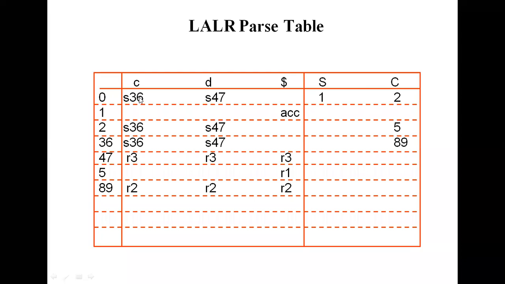So now it can be called a single state I36. So in place of S3, we need to write S36. And the same way, I4 is merged with I7, or I7 with I4, whatever it may be. Then the item becomes I47, right? So in the place of S4, we are writing S47, right?